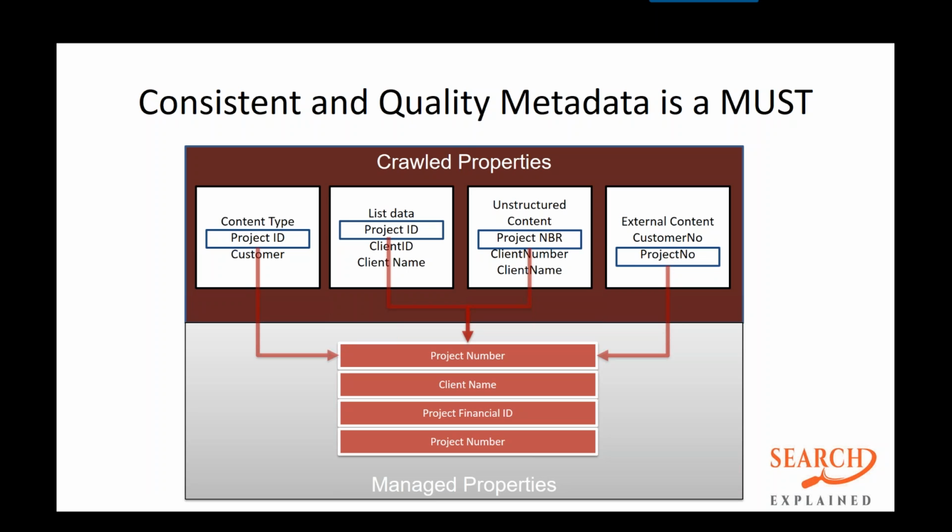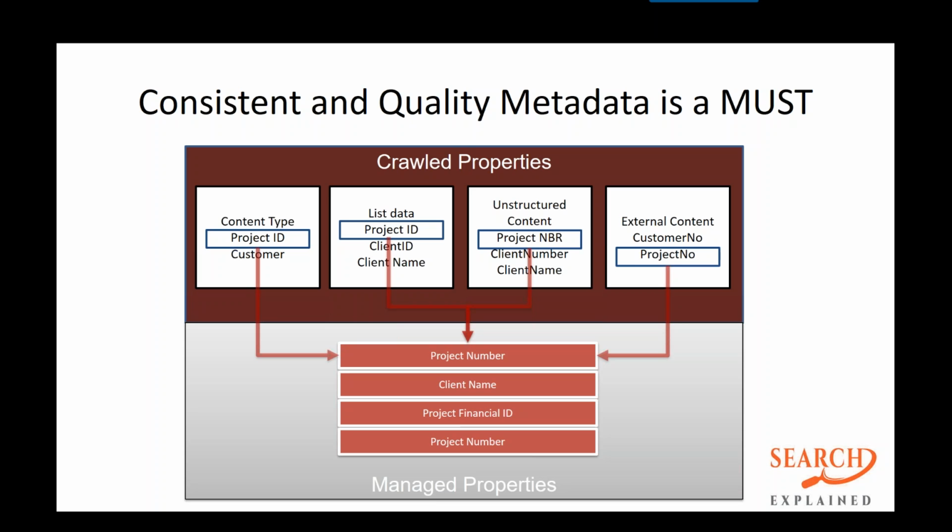As an end user, obviously I don't care about the system name in the backend system of this property. I just want to be able to see the project ID on the search result, or I want to be able to filter by it, query for it, use it as a search refiner, but I do not care about the system name of it.